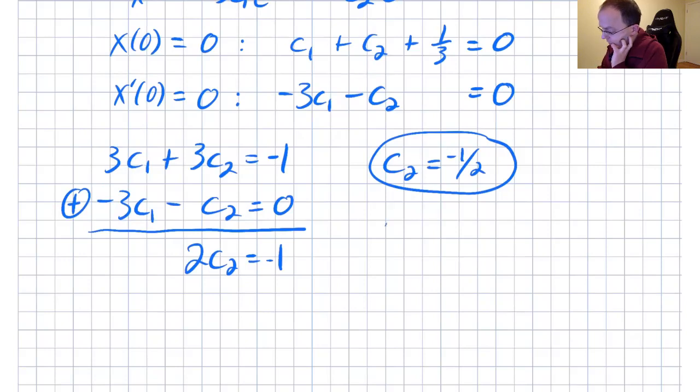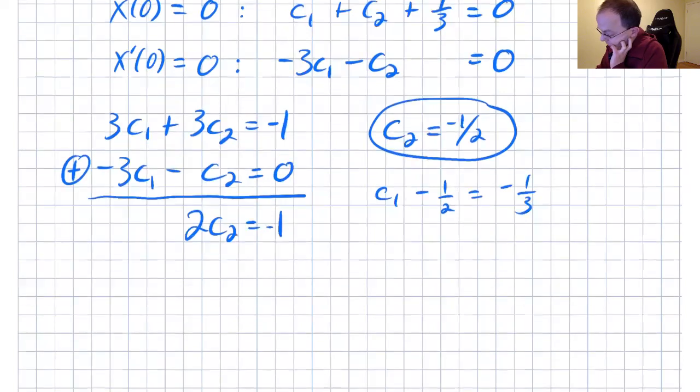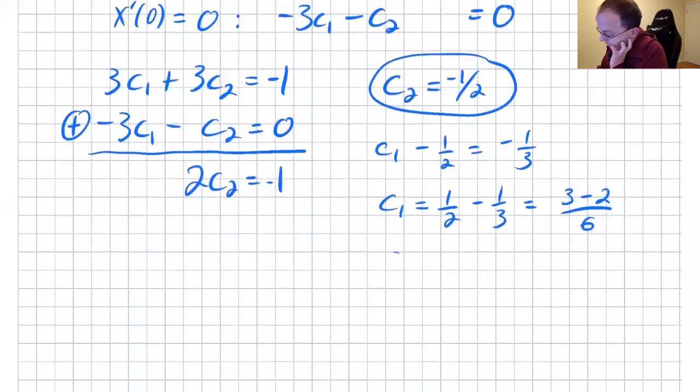So I have C1 plus 1/2 equals negative 1/3, and so C1 is equal to 1/2 minus 1/3, which is (3 minus 2) over 6. And so C1 is equal to 1/6.